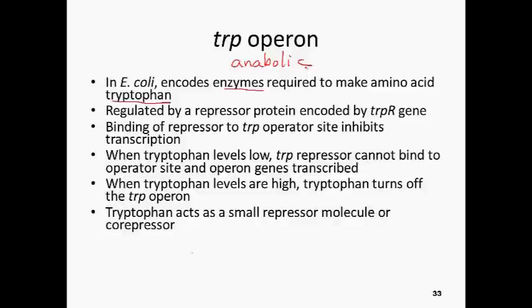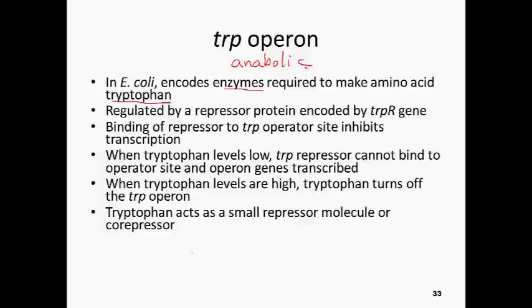So this is going to be very different, right? Because for catabolic enzymes, I don't want to express them until the substrate is present. Until lactose is available, I'm not going to turn on the lac operon. Here's the opposite. I need this operon to be on when tryptophan is not present in the environment because I need these enzymes to make it.